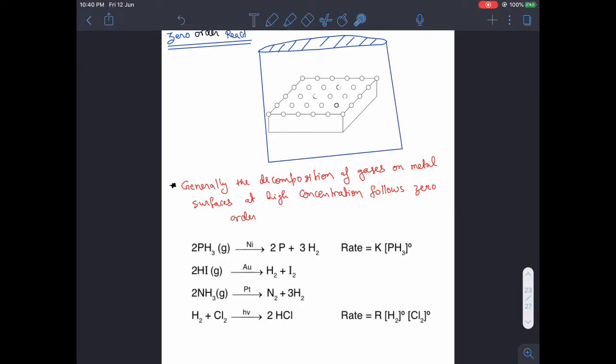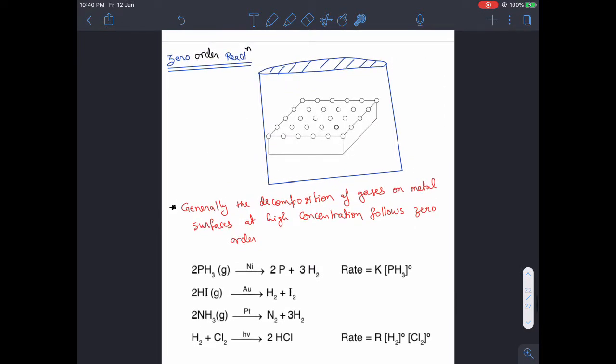Now let us understand with the help of the diagram I have shown here. Let us consider this is a nickel catalyst, and when a PH3 molecule comes close to the surface, it decomposes only on these sites. These small circles are the sites where PH3 will settle down, one PH3, another PH3, another PH3.